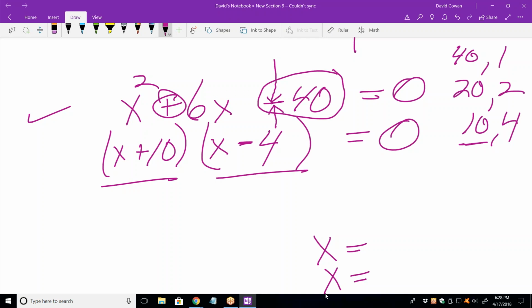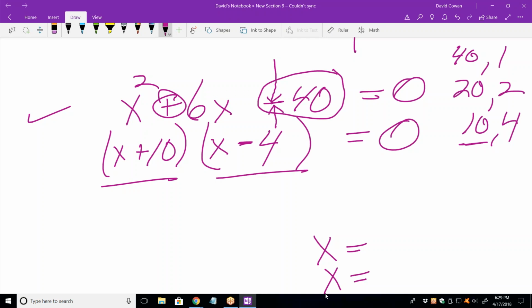Almost. An important rule of algebra, probably the most fundamental, is when you get two things multiplied together that are equal to 0, one of those things has to be 0. You can add two numbers that equal 0, but unless one of them is 0, the product will never come out to be 0.